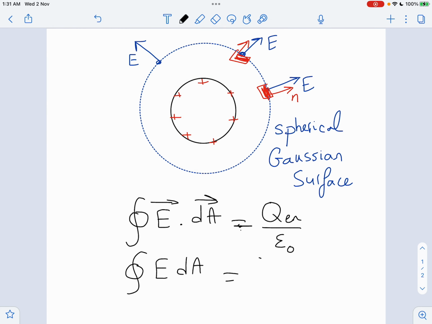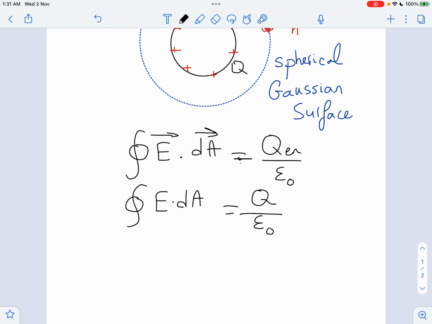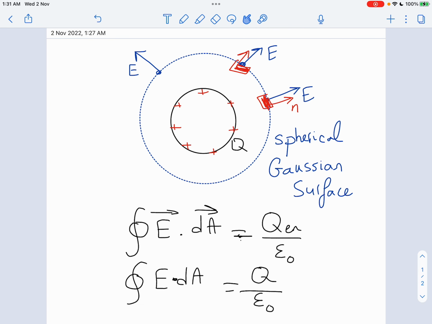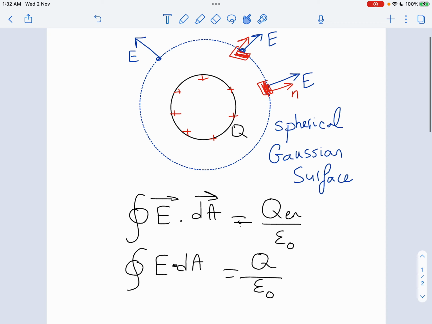over epsilon 0. This Q enclosed is simply the charge of that conducting sphere, because the whole sphere is inside that Gaussian surface. Now, since E is constant, that's the whole idea. We are taking a surface where E has the same magnitude everywhere along that surface, so that I can take it outside the integral.